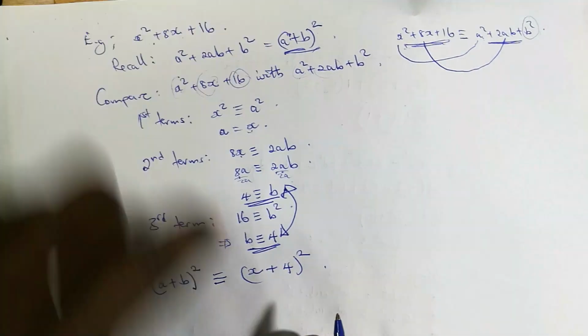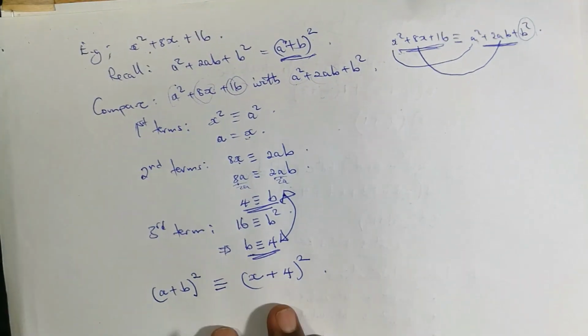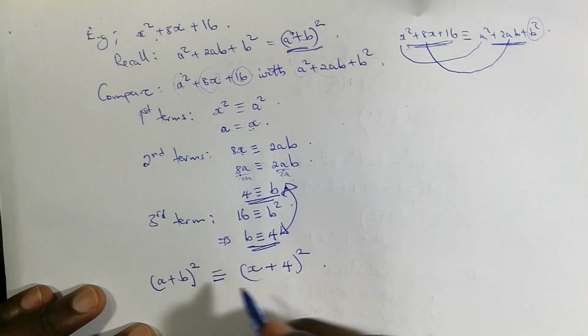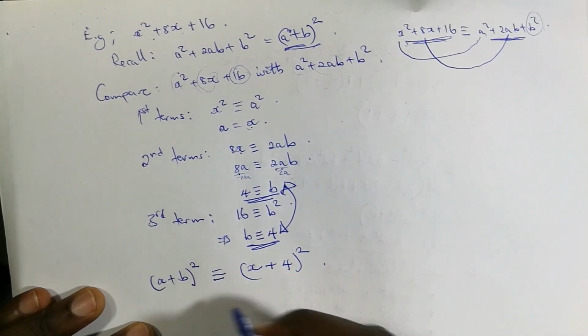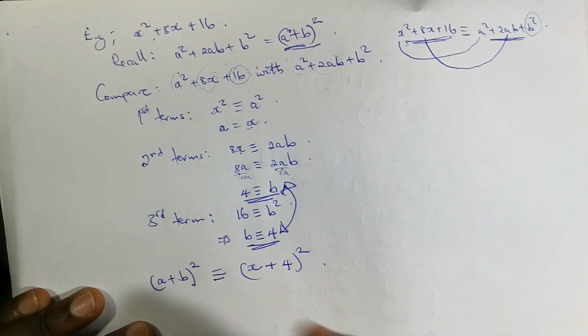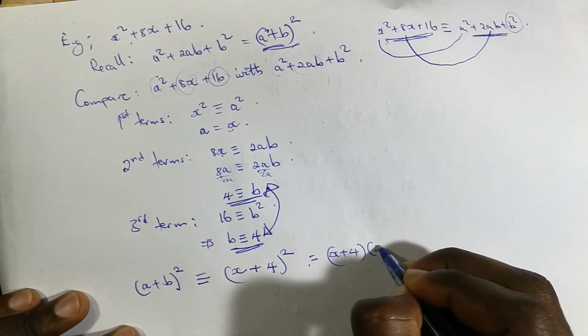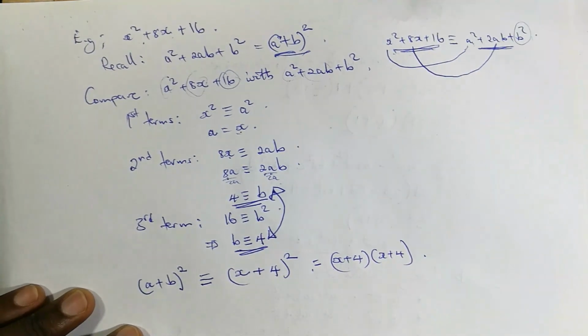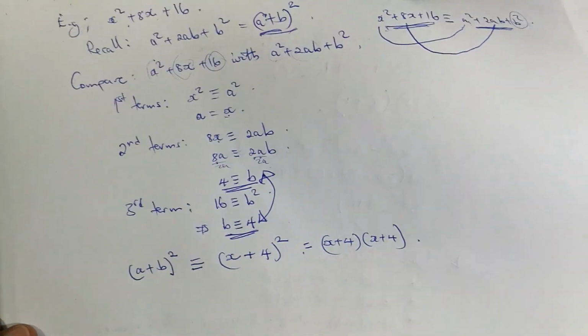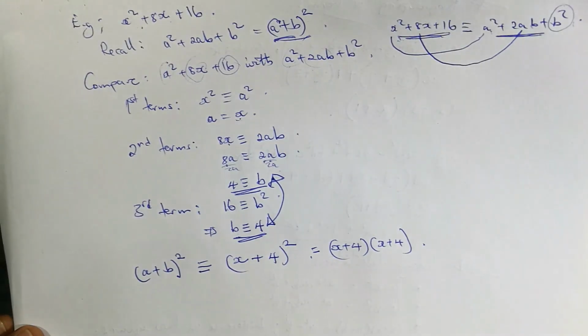That means the factors are a repetition of x plus 4, which can be written as (x+4) into (x+4).